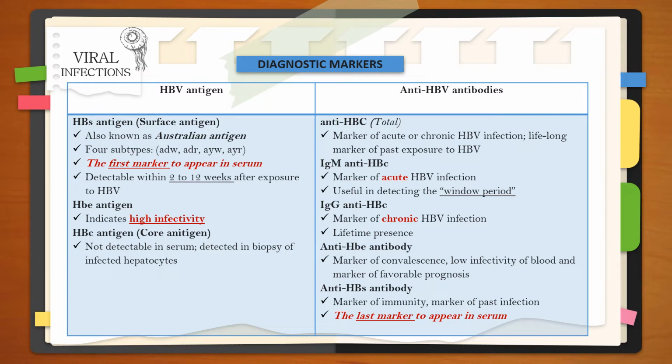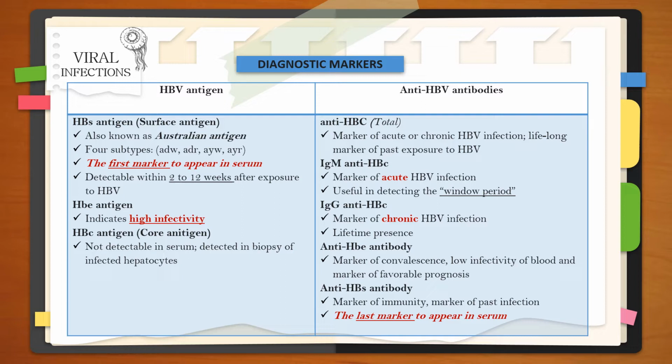Next is HBeAg, or the Hepa B envelope antigen. It indicates high infectivity and demonstrates a very high vertical transmission risk when found in serum samples of blood donors or patients. It is present during periods of active replication of the viral particle.